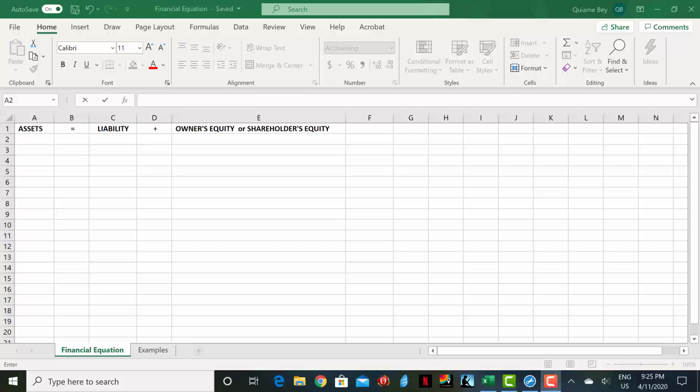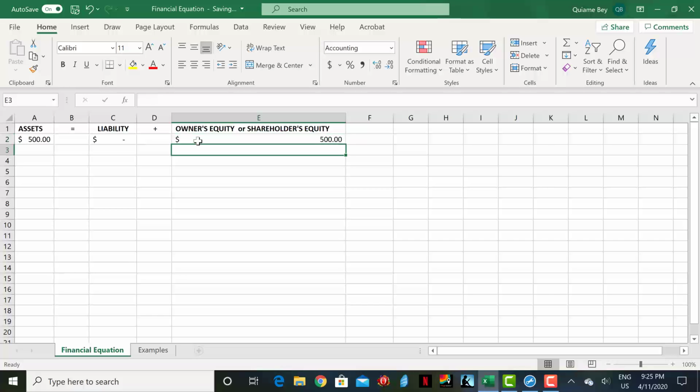For example, if your business's total current assets equals $500 and current liability is $0, and owner's equity is $500, then the business account is balanced because $500 is equal to $500.